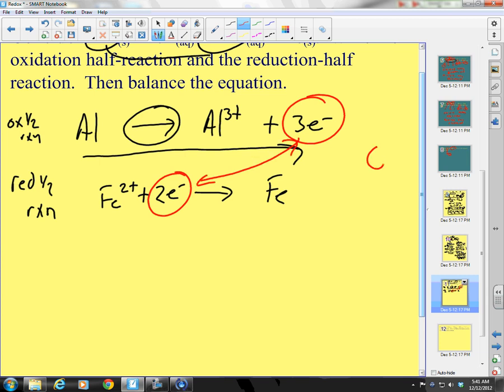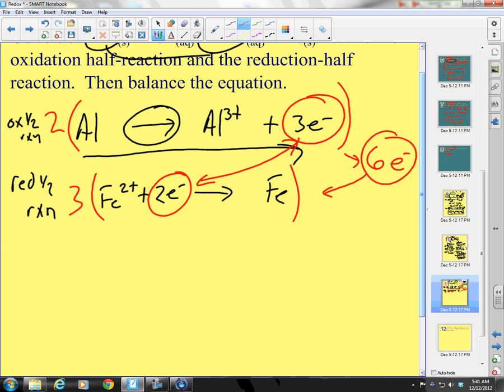The answer is 6. So that means 6 electrons. How do I get 6 electrons out of my oxidation half reaction? Well, this must happen 2 times to create 6 electrons. How do I consume 6 electrons from my reduction half reaction? Well, this thing must happen what? 3 times to consume 6 electrons.